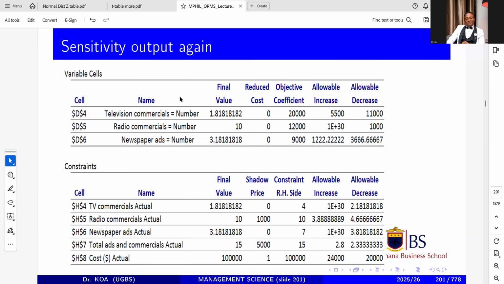The first and the last one don't make sense, but the middle one makes sense because it gives us the whole number, while the first and the last, 1.8 and 3.1, give us decimals. Why don't they make sense? Because you can't have a commercial that has a point. Good. That's how it's supposed to be.